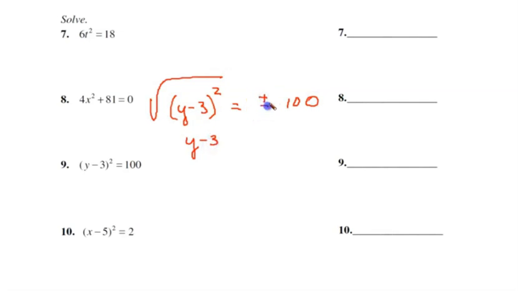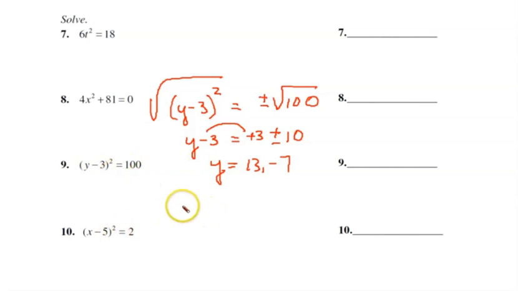We take plus or minus the square root of this side, which gives us plus or minus 10. Now we transpose the negative 3 to make it a positive 3. So we now have y equals 13 or negative 7. Those are our solutions.